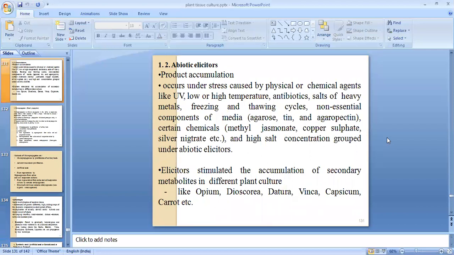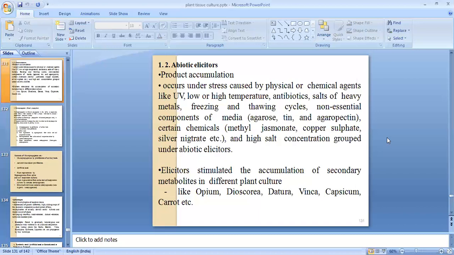And next one is the abiotic elicitors. The product accumulation is due to the stress caused by physical or chemical agents, that is external agents like UV, low or high temperature, antibiotics, salts of heavy metals, and temperature conditions like freezing and thawing, and the non-essential components of the media like agarose and agaropectin, and some chemicals like methyl jasmonate, which is nothing but a plant growth regulator, and copper sulfate, silver nitrate, or high salt concentration.